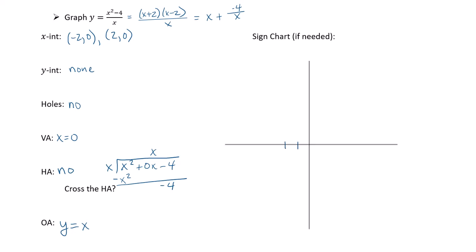X-intercepts: (-2, 0) and (2, 0). No y-intercepts to graph, no holes. I have a vertical asymptote of x equals 0, and this oblique asymptote of y equals x.